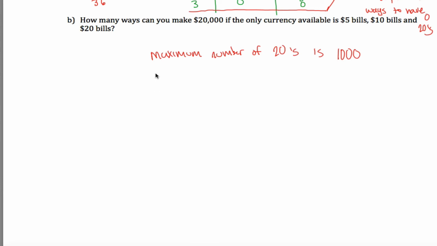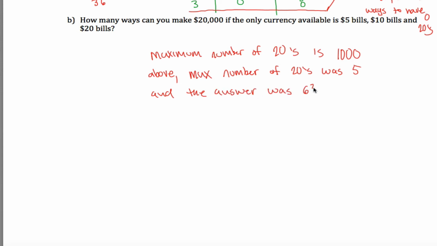Maybe I'll write all this out. Above, max number of 20s was 5, and the answer was 6 squared. So this should be capital.